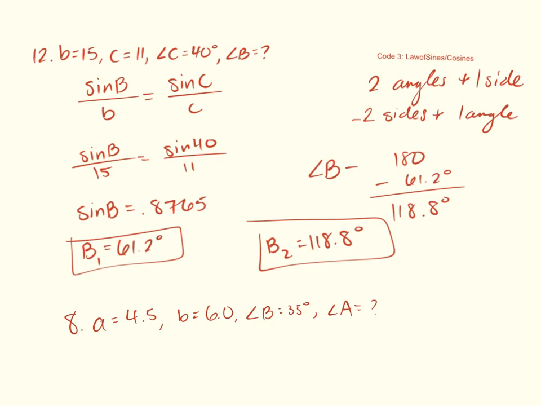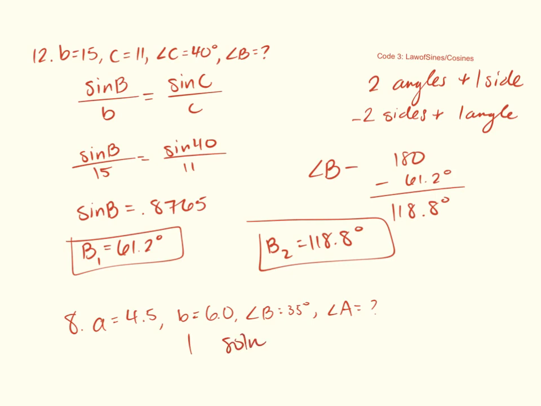First thing first, I'm going to reiterate this. We know that we can have two potential answers because the angle we're given is smaller than 90. So that's going to throw us off. Plus, we're only given one angle. In problem 8, the angle we're looking for corresponds to the smaller of the two sides, so there's only one solution.